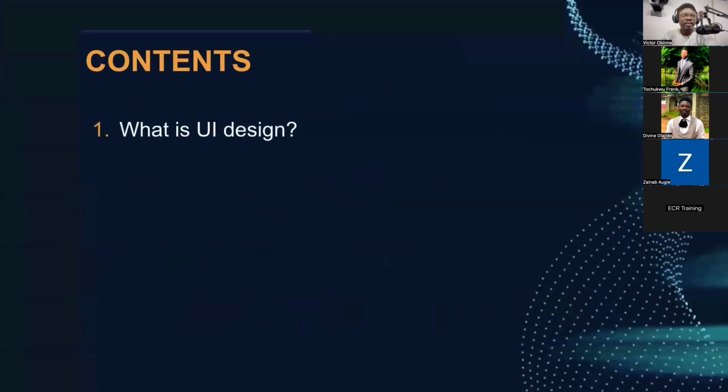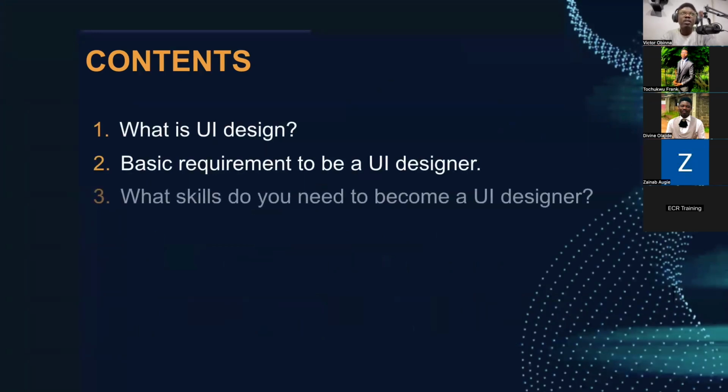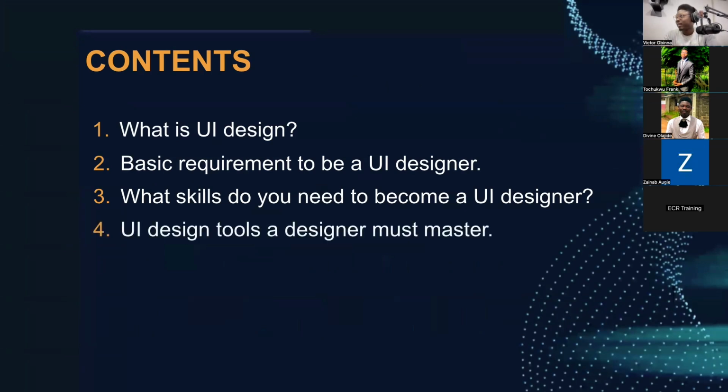So firstly, we want to be going through some things in UI UX. What are the contents? What is a UI design? The basic requirement to become a UI designer. I guess we all know, I mentioned some of this in the last meeting we had. What skills do you need to become a UI designer? Then UI design tools a designer must master, and then where can you learn UI design?